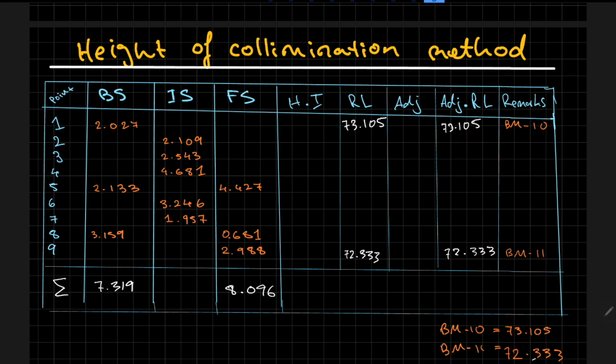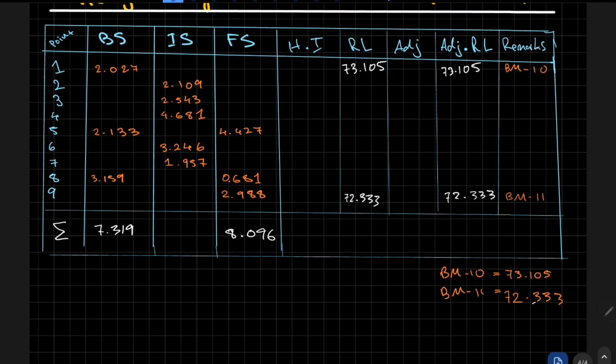The next step is to work out heights of instrument and fill this whole column, and we need to do that before we worry about the reduced levels. An important rule is height of instrument equals backside plus reduced level.